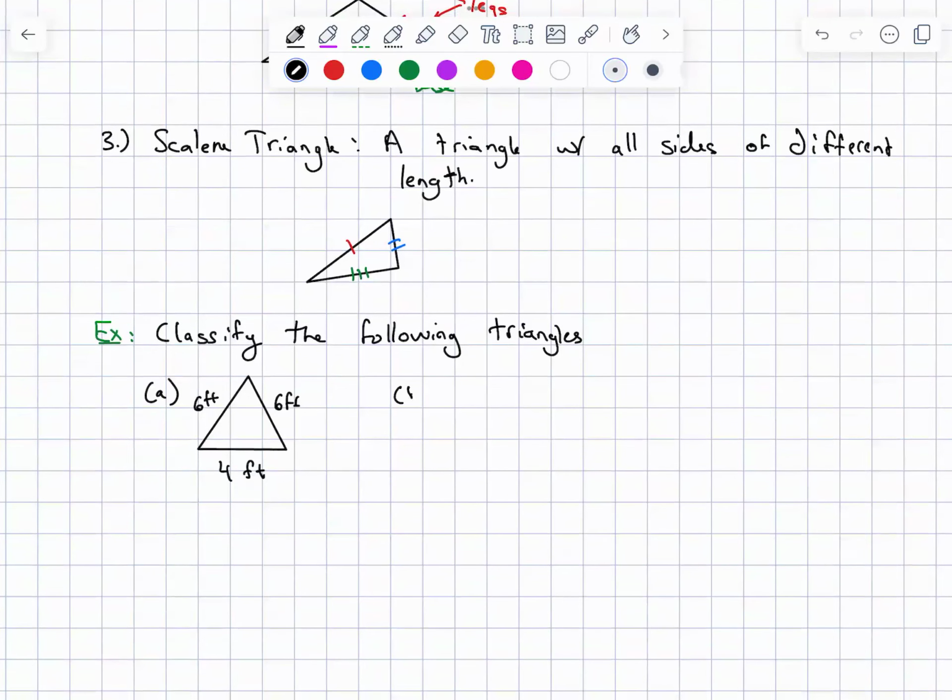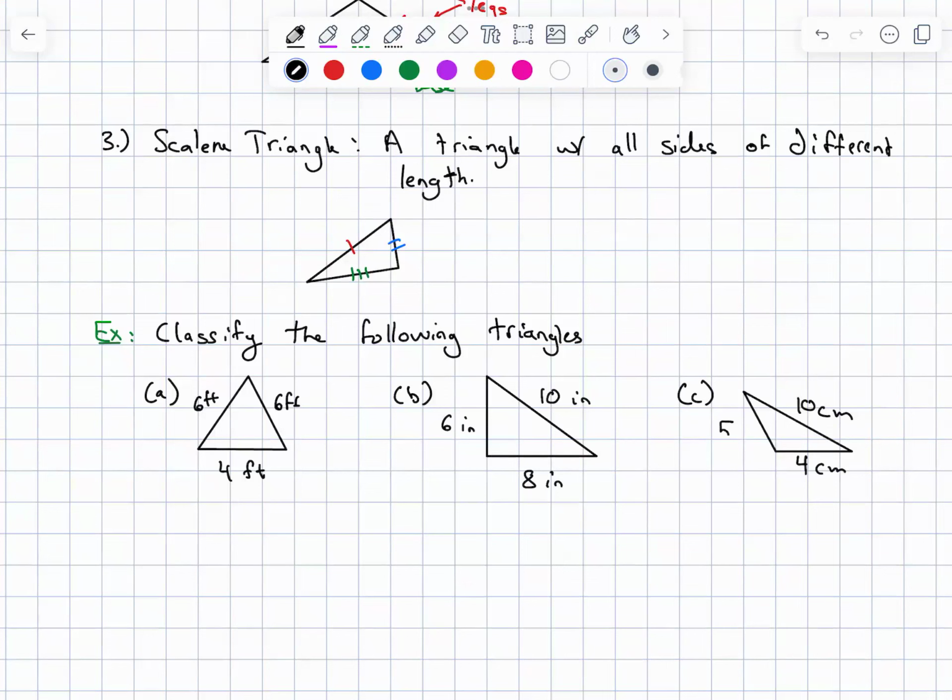Part B will be this. And of course, these are not drawn to scale, by the way. Don't judge me. 10 inches, 8 inches, and 6 inches. And then part C will be this one. 10 centimeters, 4 centimeters, and 5 centimeters.